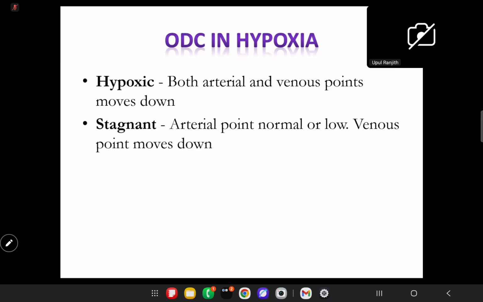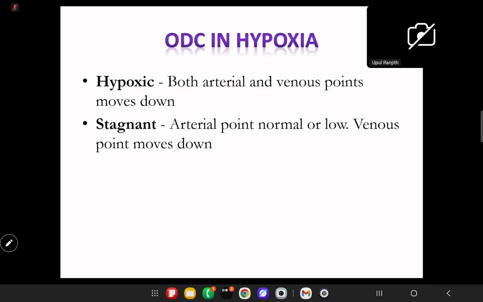If you calculate the oxygen flux, earlier you took the cardiac output as 5 liters, the usual cardiac output. Now there are only 3 liters of cardiac output. Then the oxygen flux will be 600 ml instead of 1000 ml.